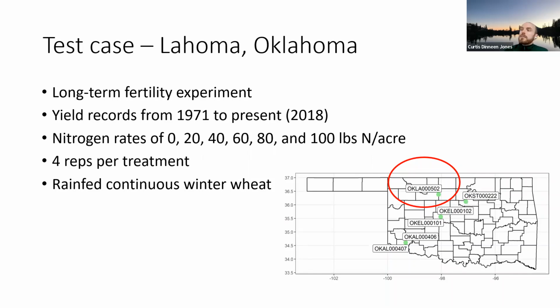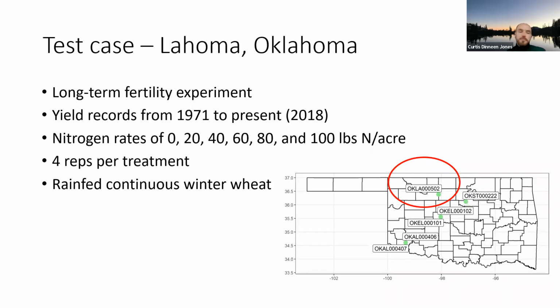So as a test case, mostly out of convenience, we used the Lahoma site in Oklahoma. It's a long-term fertility experiment, so suitable for the application here. It's all generously available on the university web page, and you can get the yield records dating back to 1971.